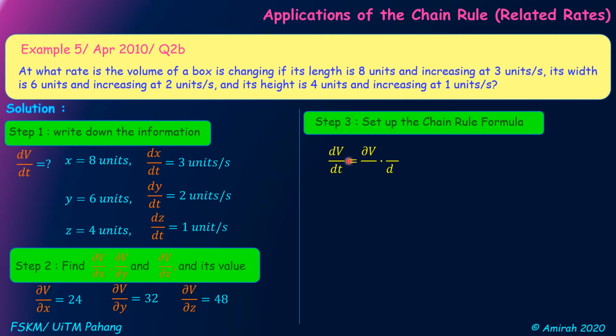To set up the chain rule formula, if there are 3 variables, let's say x, y, and z, the chain rule will have 3 pairs of multiplication of 2 derivatives. Between the 3 pairs is a plus sign.